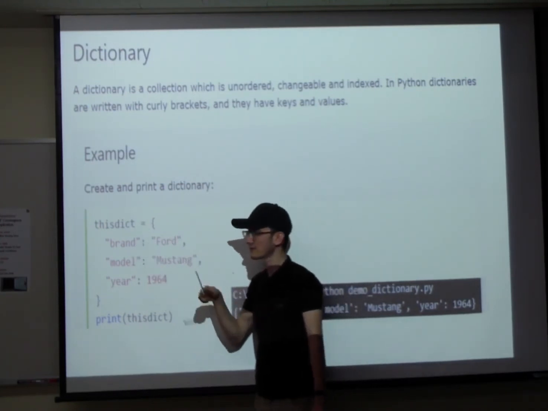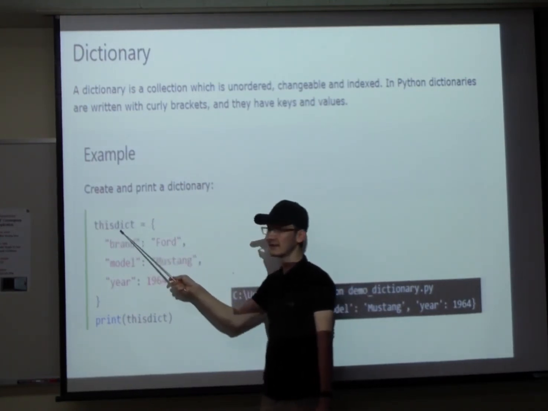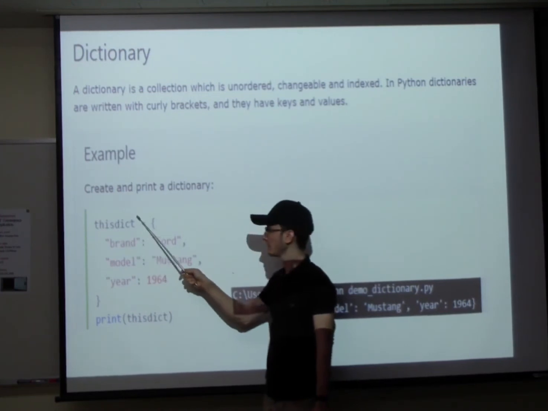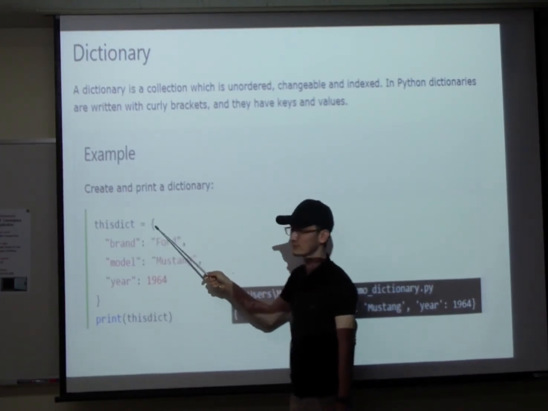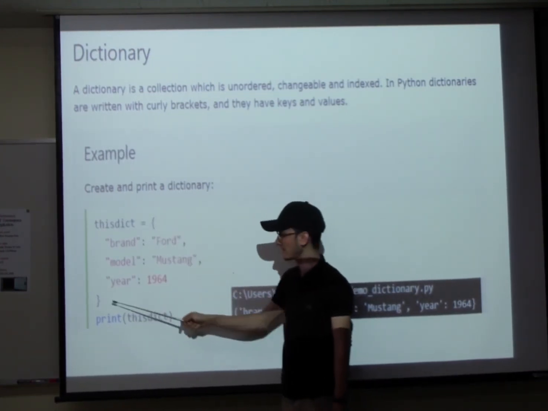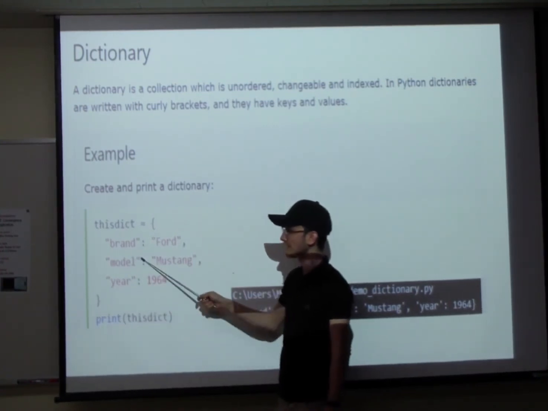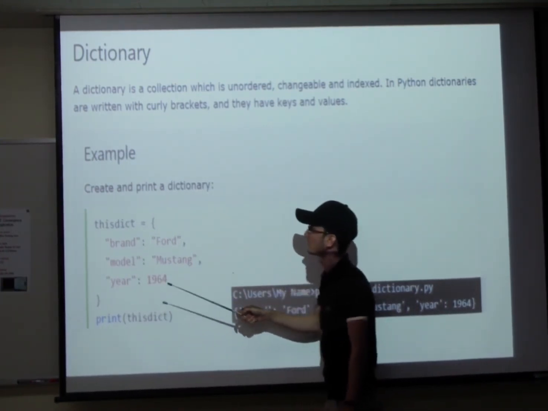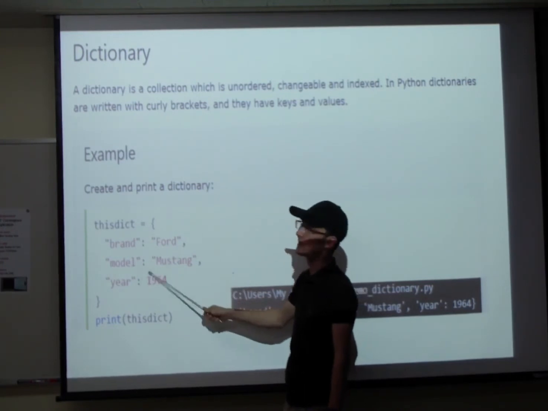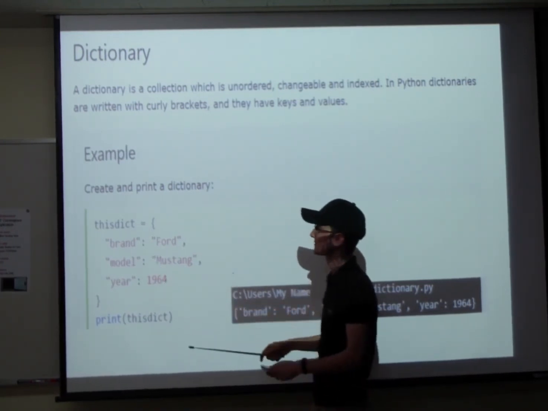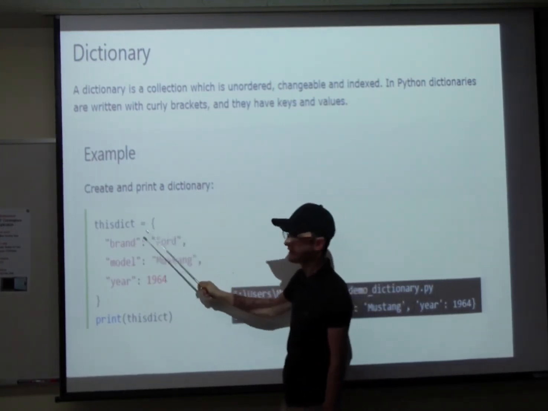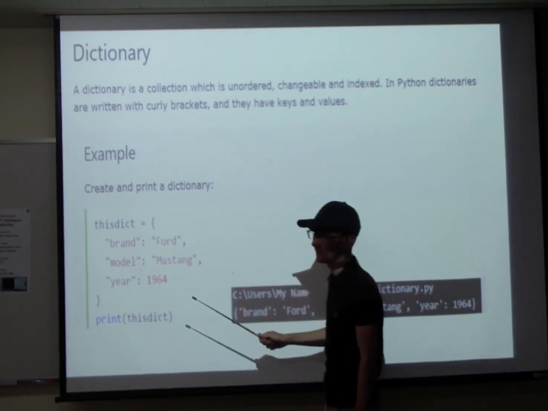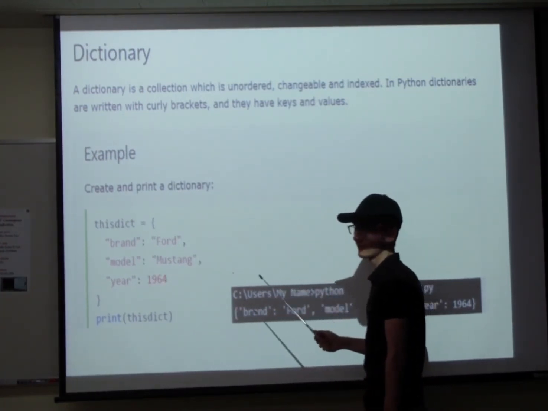So, in order to create one, we put just the name of the dictionary and equal and a curly bracket, and inside we should type not only the values, we should type what? Key, and the name of it.